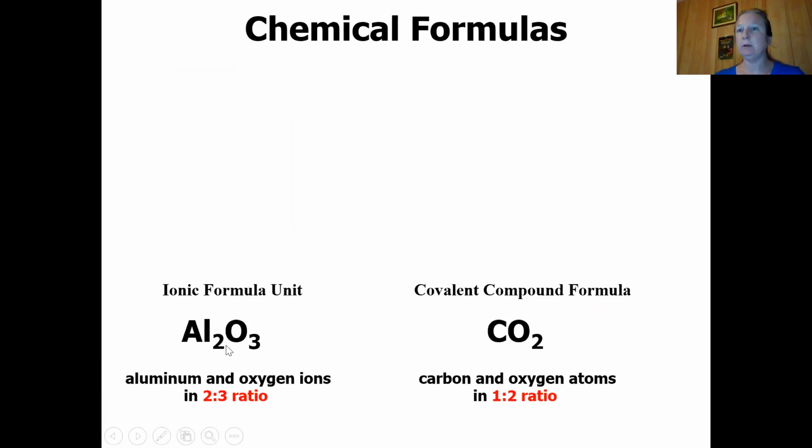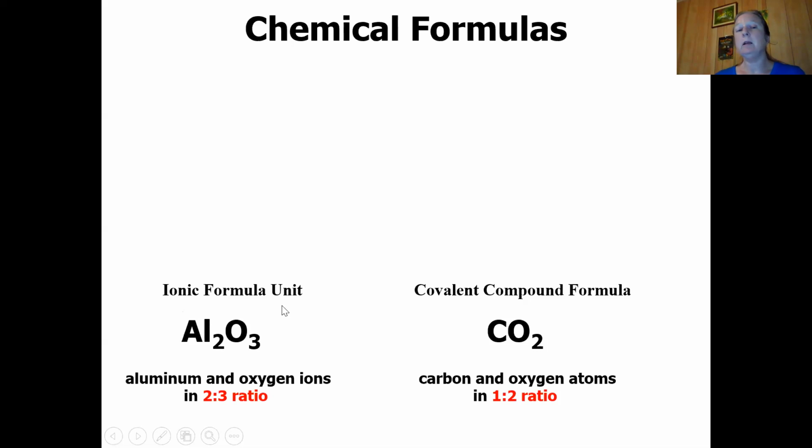One is the element symbol, and the other one is a subscript of how many of each of these atoms or elements are in the molecule. What is the ratio? Remember, molecules exist with whole number ratios of the constituents, and that's what this is.